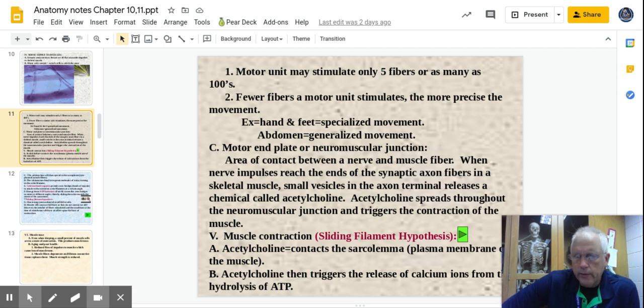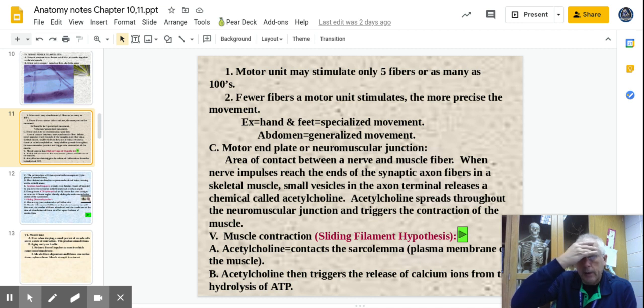They do not want to leave those sacs. They're attracted to that sac. They stay in that sac. We have to force them out, and we do that by an electrical impulse. And that's just like opening a floodgate. So acetylcholine spreads throughout the neuromuscular junction, that little gap where the nerve and the muscle meet. It just kind of oozes through there, and it's going to start a muscle contraction into motion, okay?